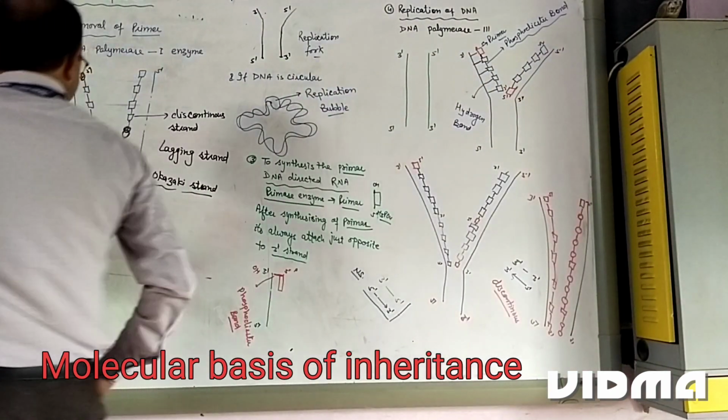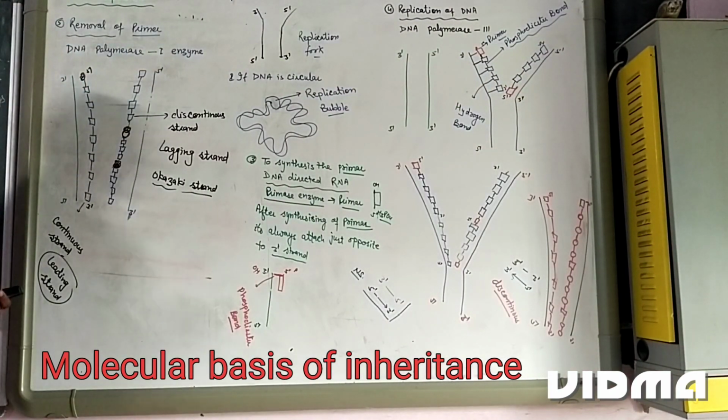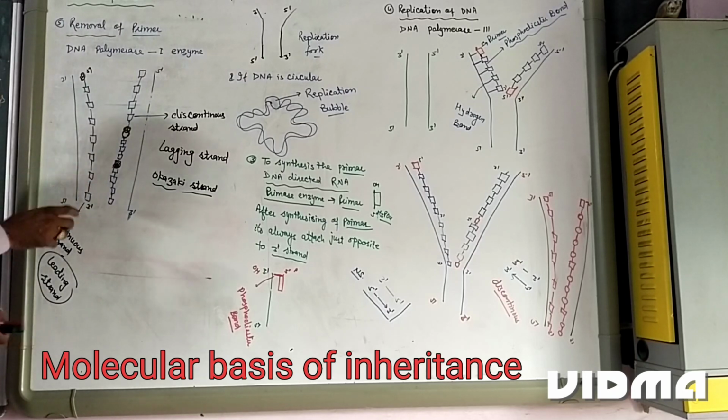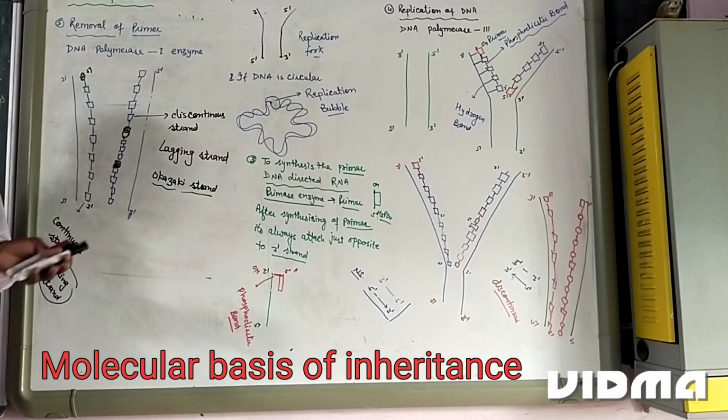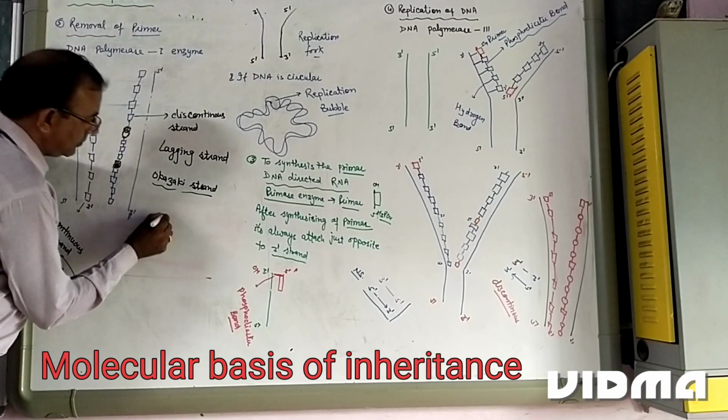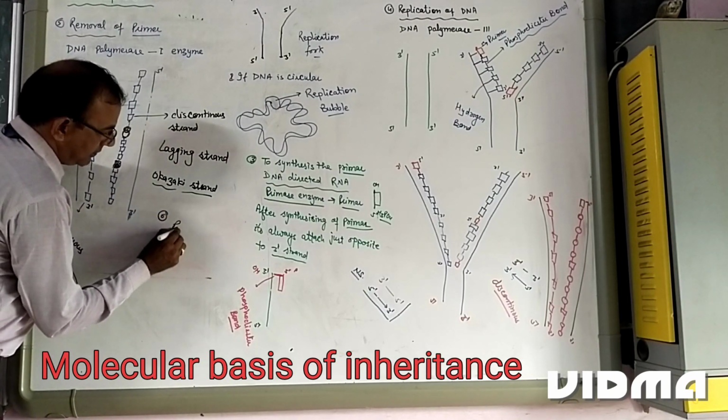After formation of these strands, another enzyme is required for proofreading, so that replication is completed with the same sequence and no mutation can take place. Then step number 6, proofreading.